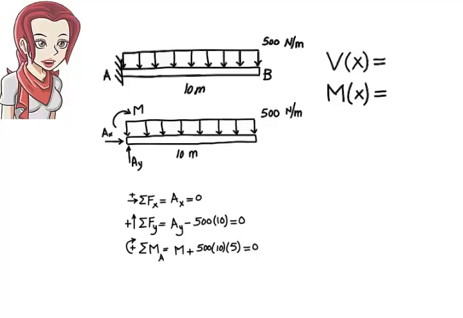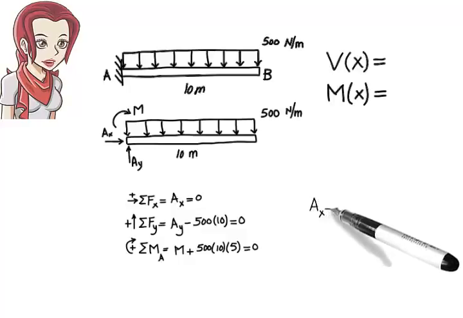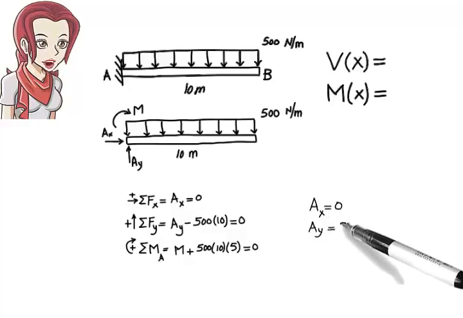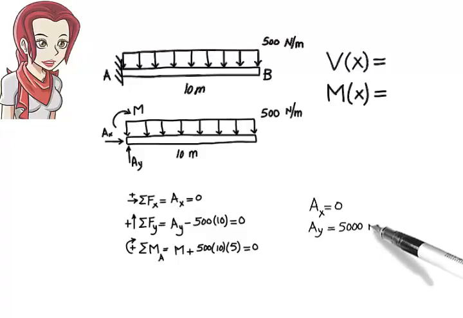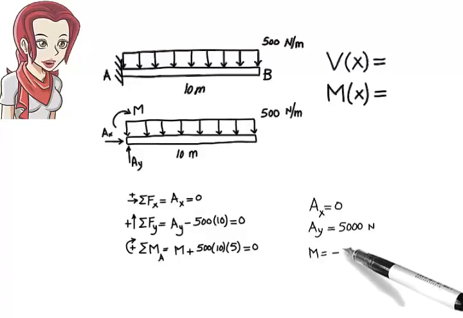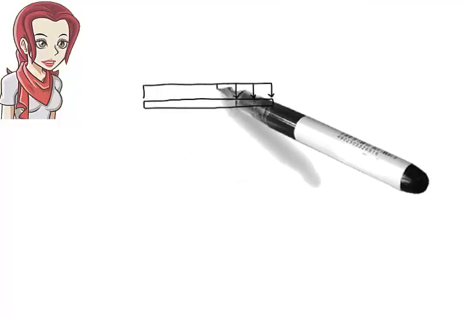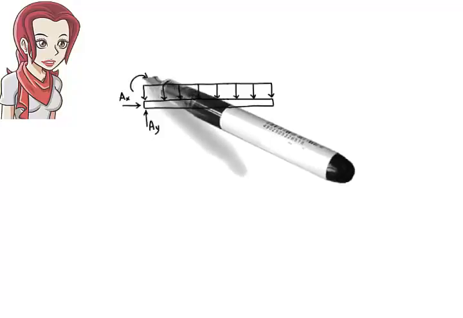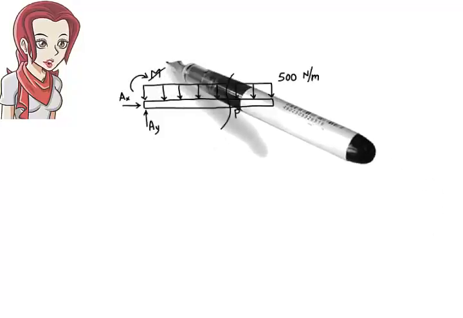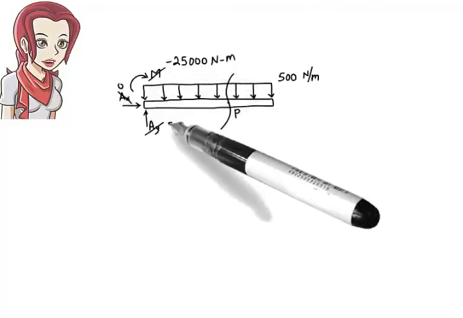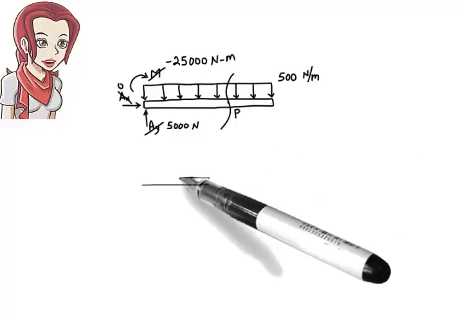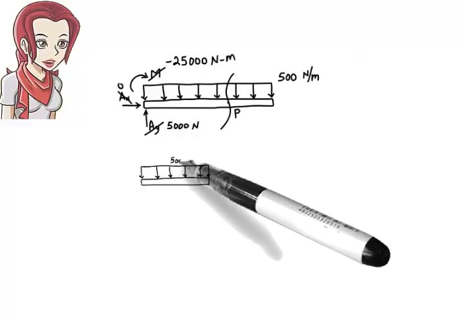Solving them for the unknowns, we get Ax equals 0, Ay equals 5,000, M equals negative 25,000. Now let's cut the beam at an arbitrary point, say point P. Draw the free body diagram of the left segment of the beam.